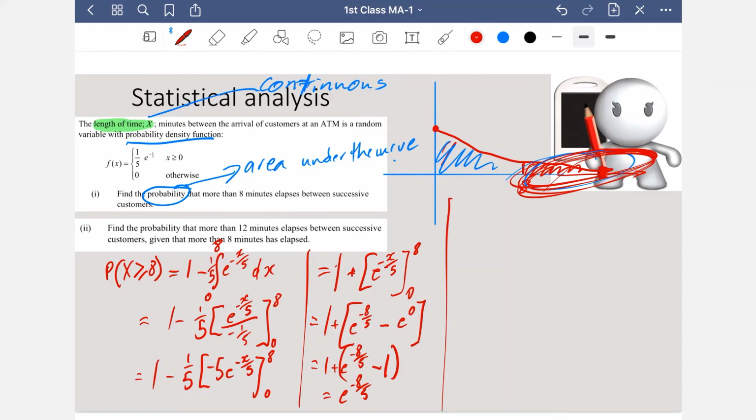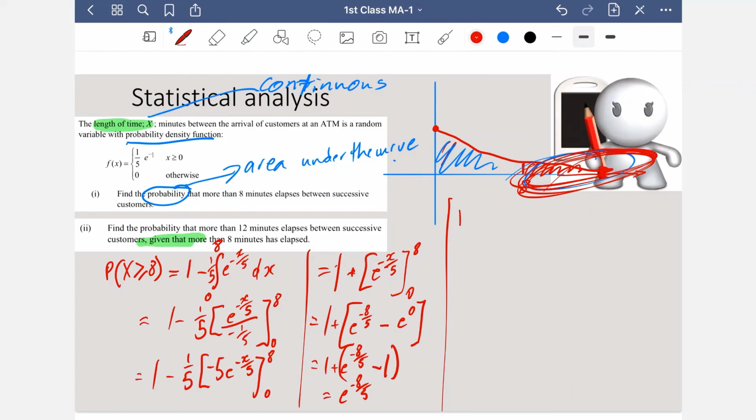Now, when we read our next question, well, what's the probability that more than 12 minutes elapsed between successive times given that. See this given that? That's what we have, conditional probability.